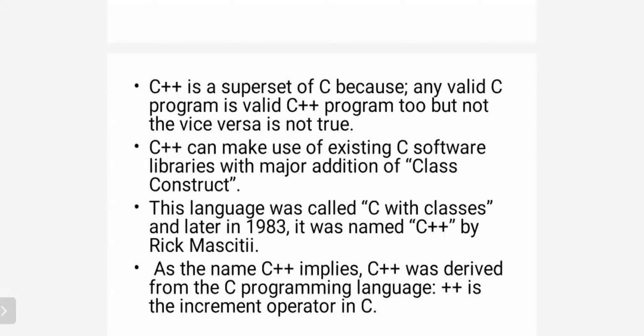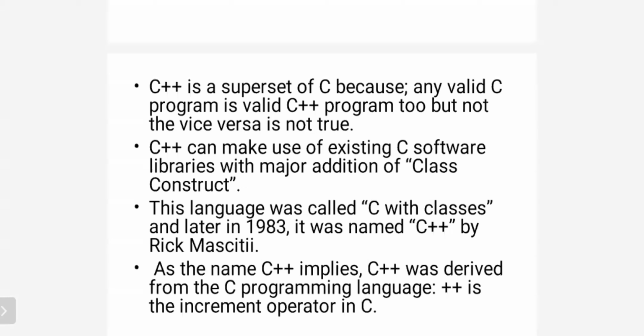All the C software built-in functions are available in or existing in C++ language. Clear? Those software libraries are used to construct the classes. C++ can make use of existing C software libraries with a major addition of class constructs. Are you clear, students, this point?